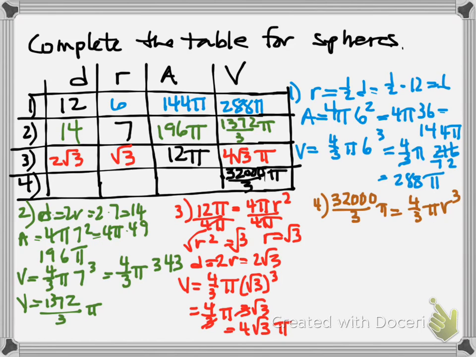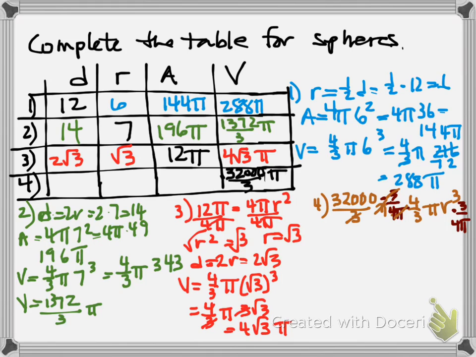So technically what I'm going to multiply by is 3/4 pi. The 3's cancel, the pi's cancel, and now I divide 4 into 32,000.